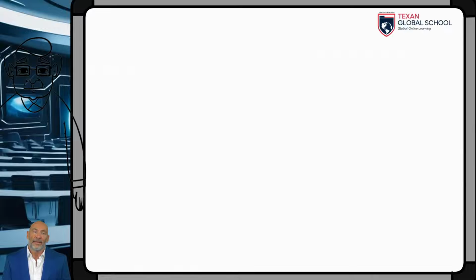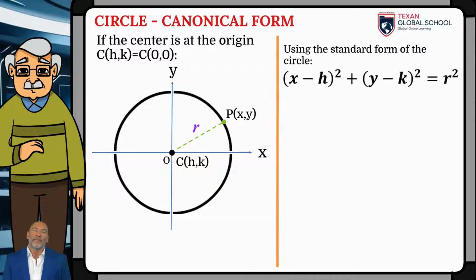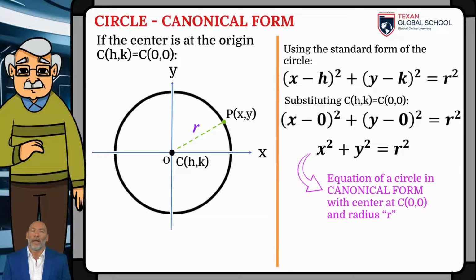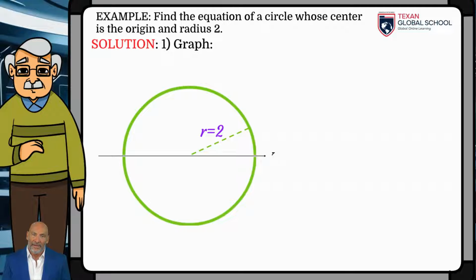If we now move the center, C, of coordinates h, k, to the origin, that is, to the coordinates 0, 0, by substituting into the equation of the circle in standard form, we obtain x squared plus y squared equal to r squared. This is the canonical form of the equation of a circle. For example, we will find the equation of a circle whose center is at the origin and radius 2.